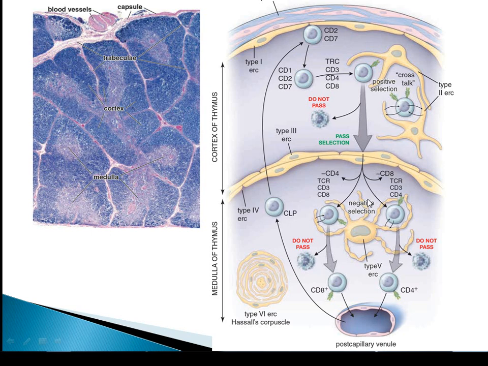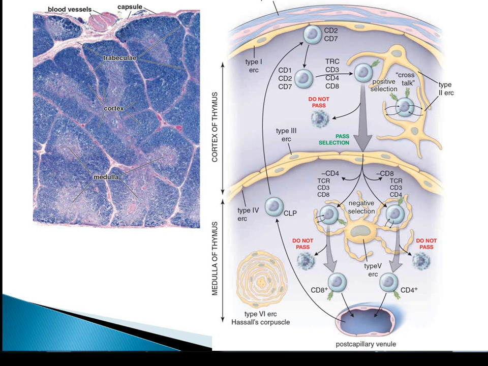Single positive thymocytes contact medullary epithelial reticular cells, as we see here, and the dendritic cells that challenge them to see if the thymocytes recognize self-epitopes that were not presented to them in the cortex.